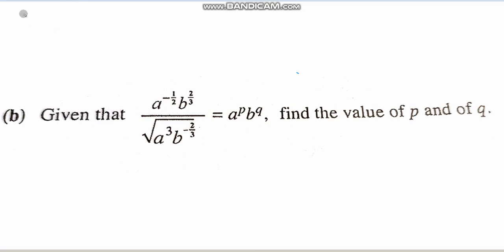Okay, now a to the minus half, b to the 2/3. Let's look at the left hand side first. Let us simplify it as much as possible. Okay, simplify as much as possible now.